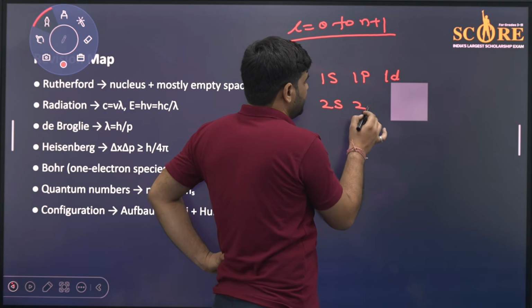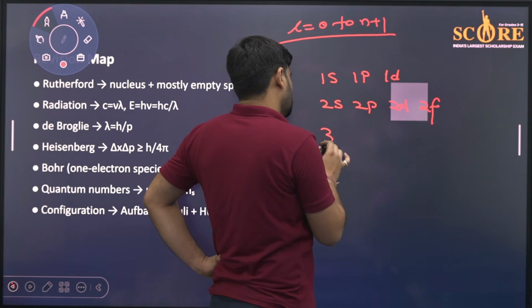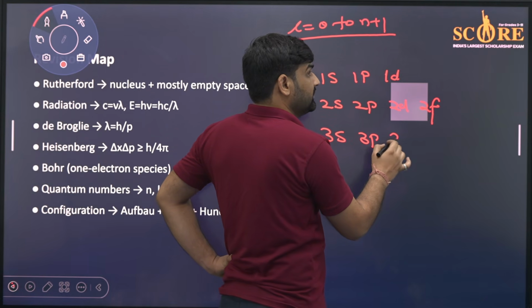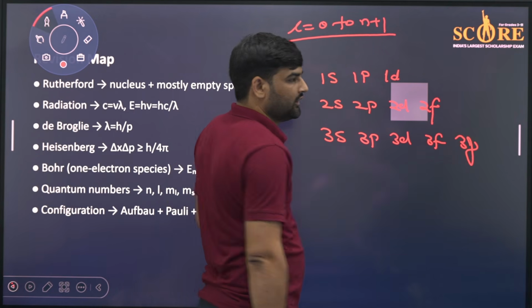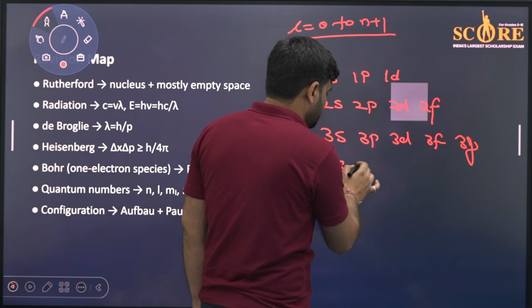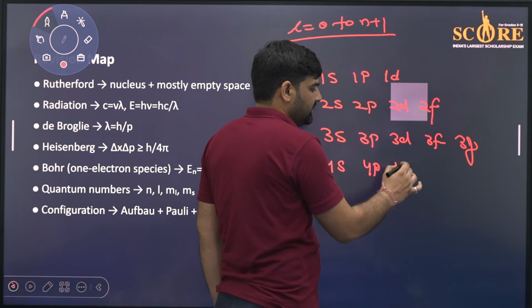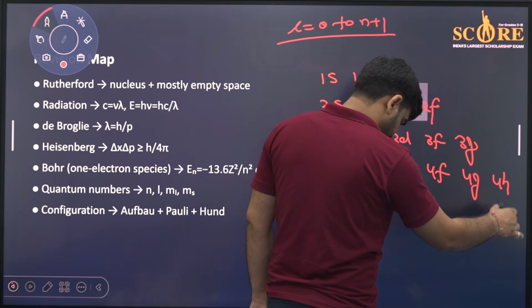Then 2s, 2p, 2d and 2f. 3s, 3p, 3d, 3f and 3g. Next, 4s, 4p, 4d, 4f, 4g and 4h.